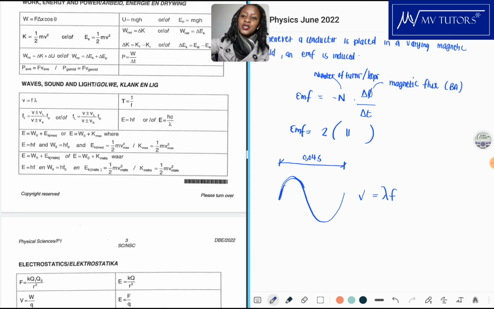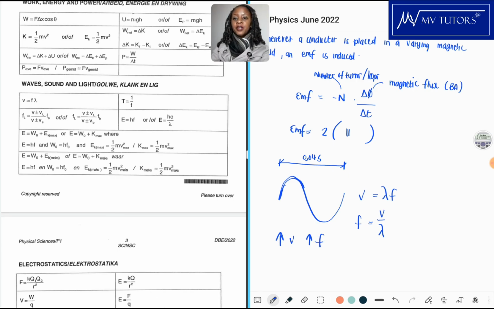Okay, so let's do it this way. If I wanted to get the frequency, I would say that it would be the speed over the wavelength. So we can see that indeed frequency and wavelength are inversely proportional, but frequency and speed are directly proportional. So if you are going to increase the speed, you will increase the frequency.